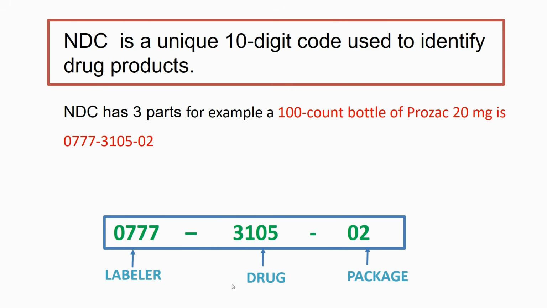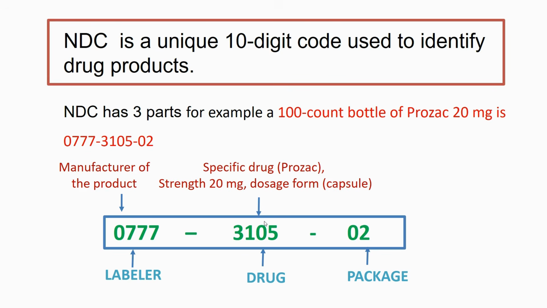The first part is labeler, then drug, and then package. The first four digits, the labeler, identify the manufacturer of the product. The next four digits are the specific drug, strength, and dosage form, and the last two digits are the amount in the package, which refers to the 100 tablets.